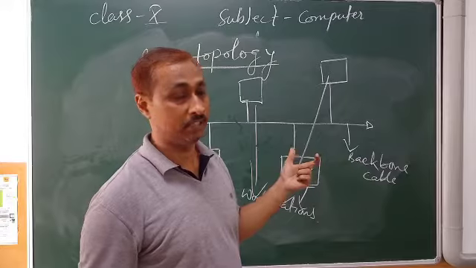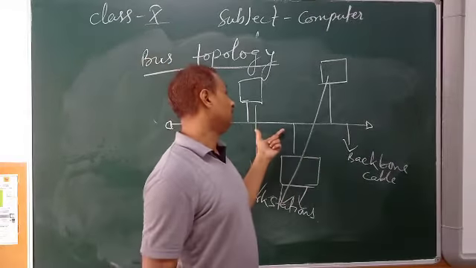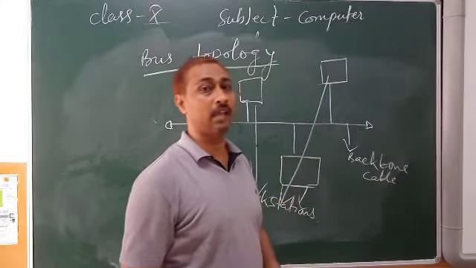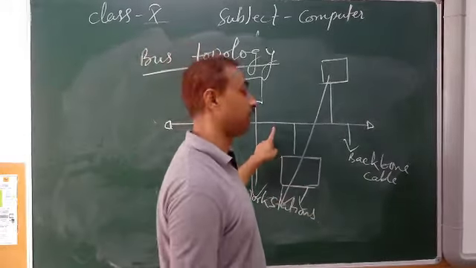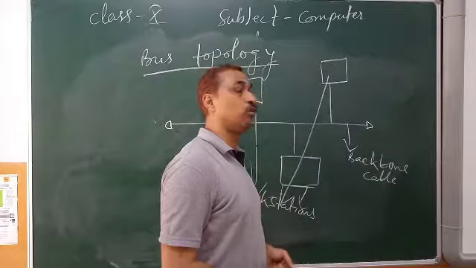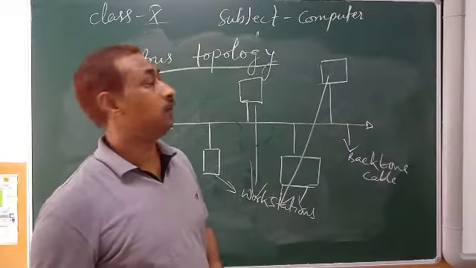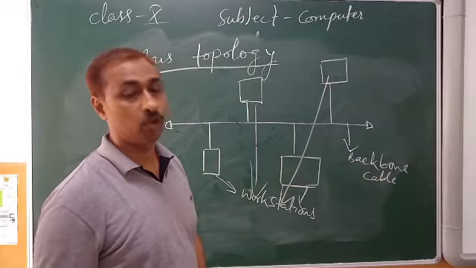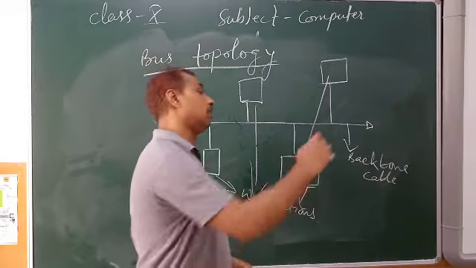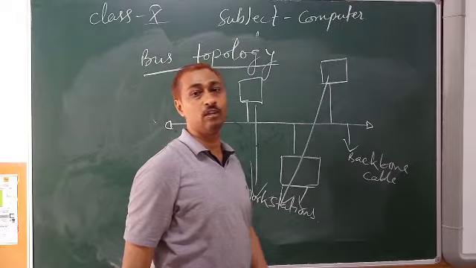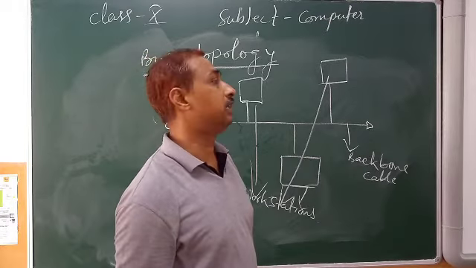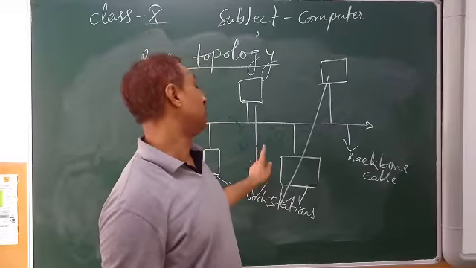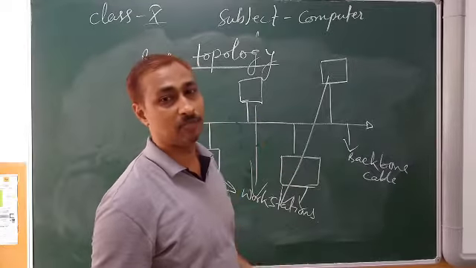When we are transmitting data, if two devices want to transmit at the same time, that is not possible in this type of network. That's why it is called a linear topology: the data is transmitted in sequence only, not in parallel. That's why this topology is not used that much.